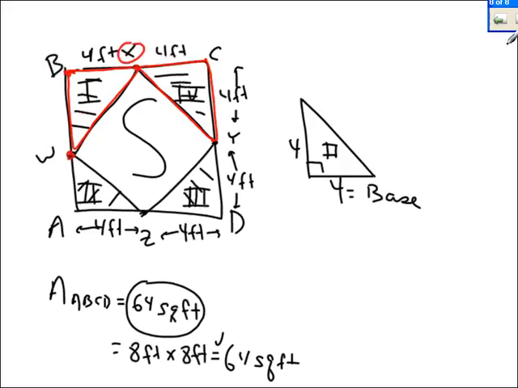Now, I've always maintained that if you have a base, you go to the opposite angle and you come down straight down until you hit at a right angle. And that's the height.